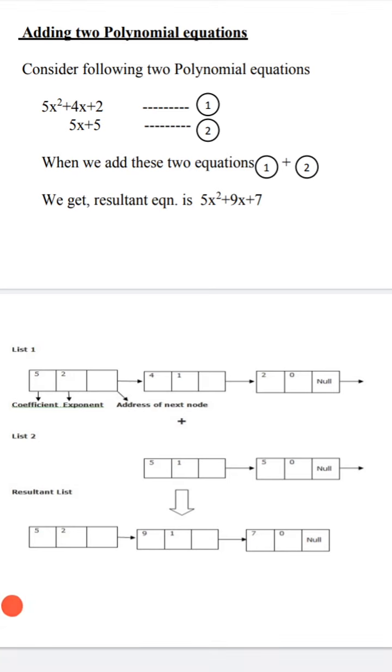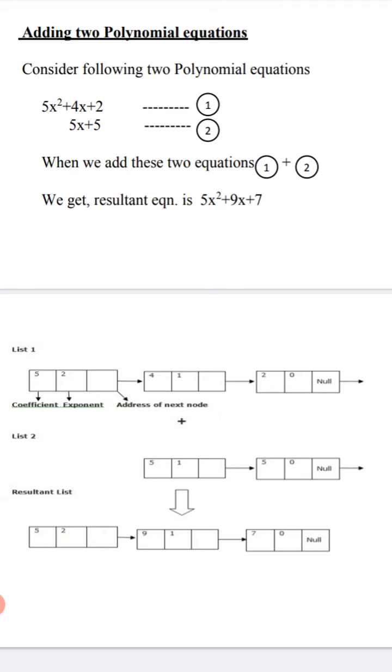So this is the example of adding two polynomial equations using the linked list representation. Two equations and a resultant equation. In a linked list we use nodes, and the nodes are connected together.